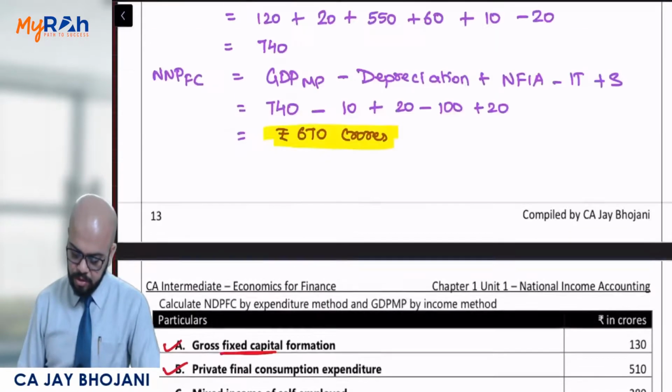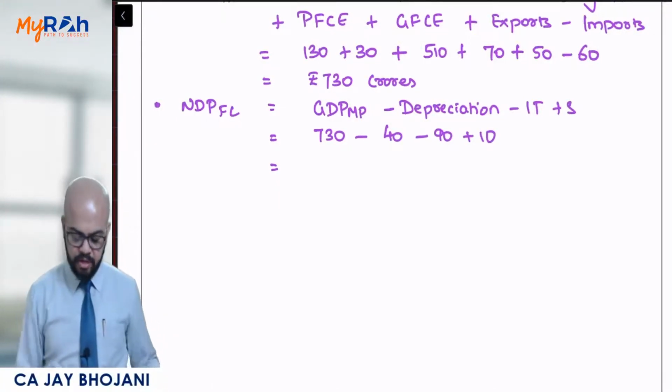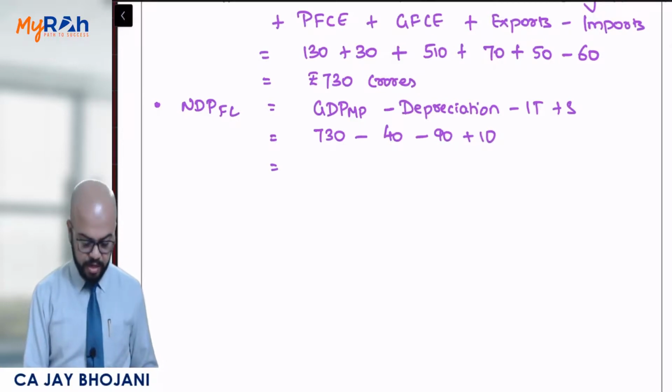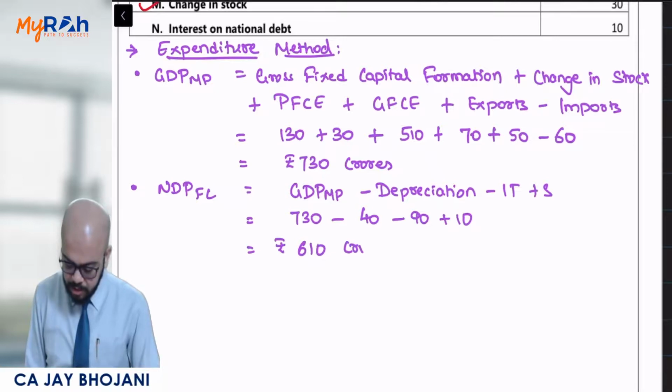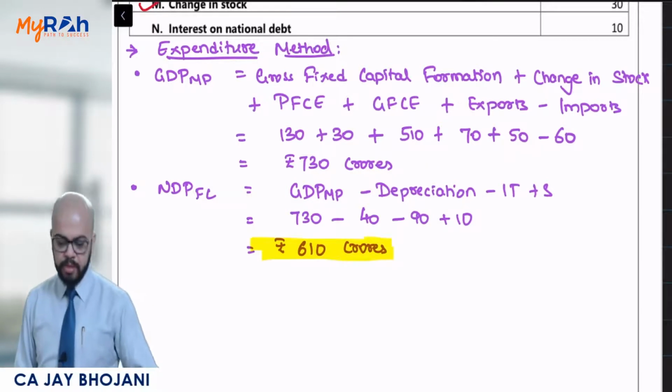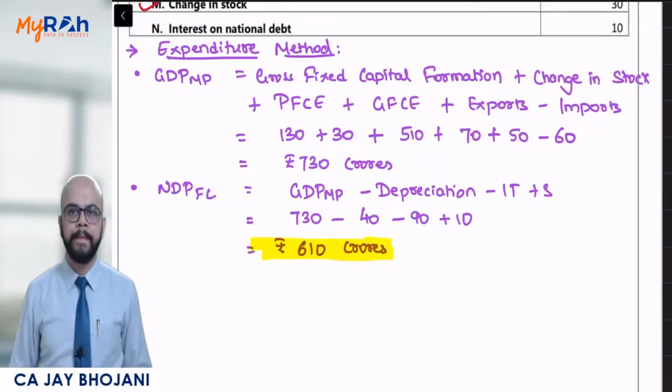Now this should be your answer: 730 minus 40 minus 90 plus 10. So this will be 610. This is your answer. This is NDP-FC by expenditure method. Okay, clear? Right?